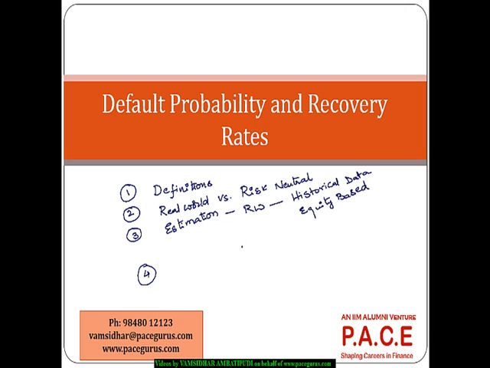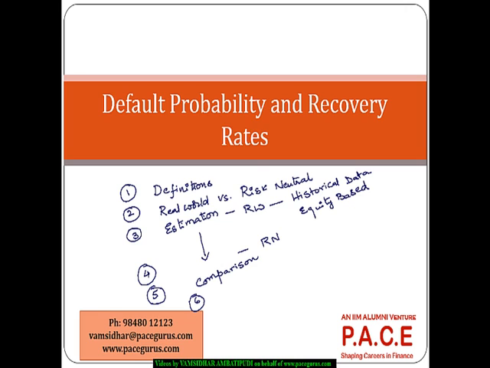And then we will talk about estimation of the risk neutral default probability. So what is the mechanism that is available for us to estimate the risk neutral default probability? And obviously I want to do a comparison between the two, which one would be more, which one would be less, by what extent.